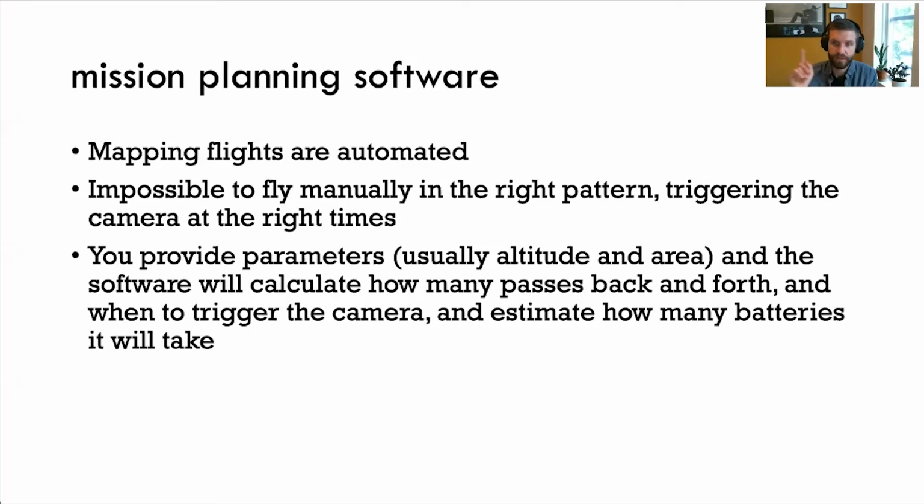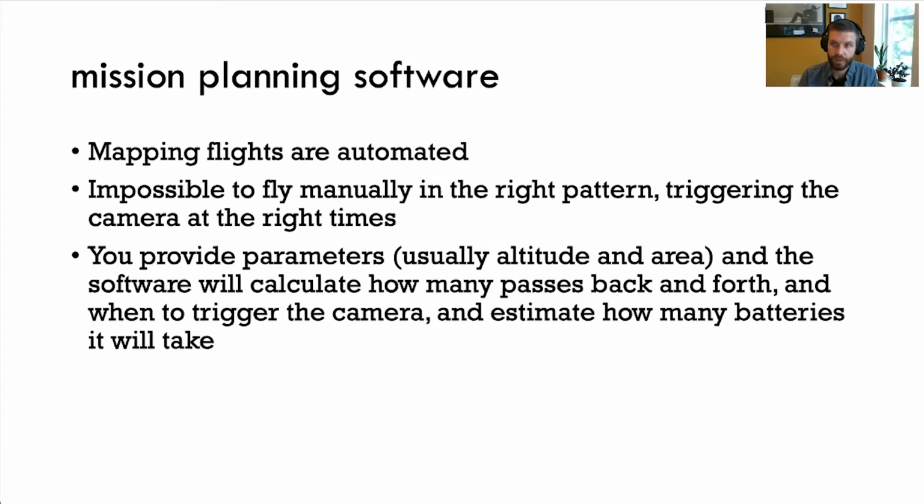The drone needs to fly a very exact grid pattern and needs to trigger the camera at exact intervals to provide a consistent overlap. And it would be very hard to do that if you were flying manually.